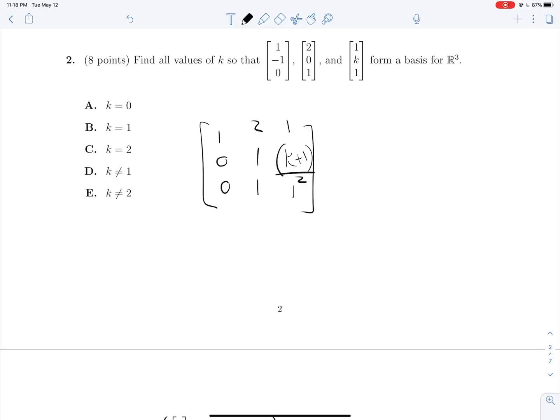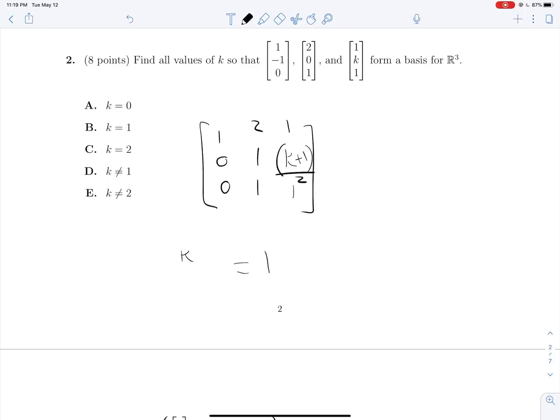Because we can use one then to set the other one equal to 0. And a 0 row means no pivots for us. But that will only occur when K plus 1 over 2 is equal to 1 for those two rows to be equal. So solving that, we see that that occurs when K is equal to 1.